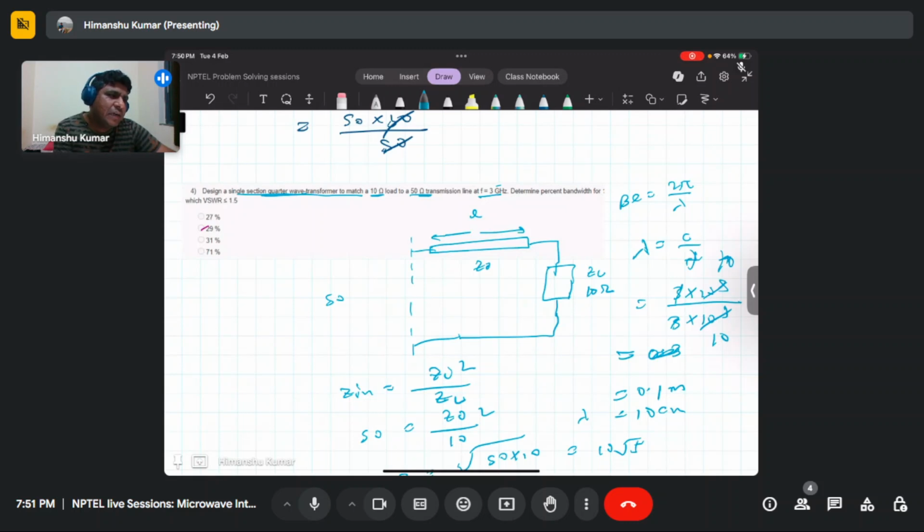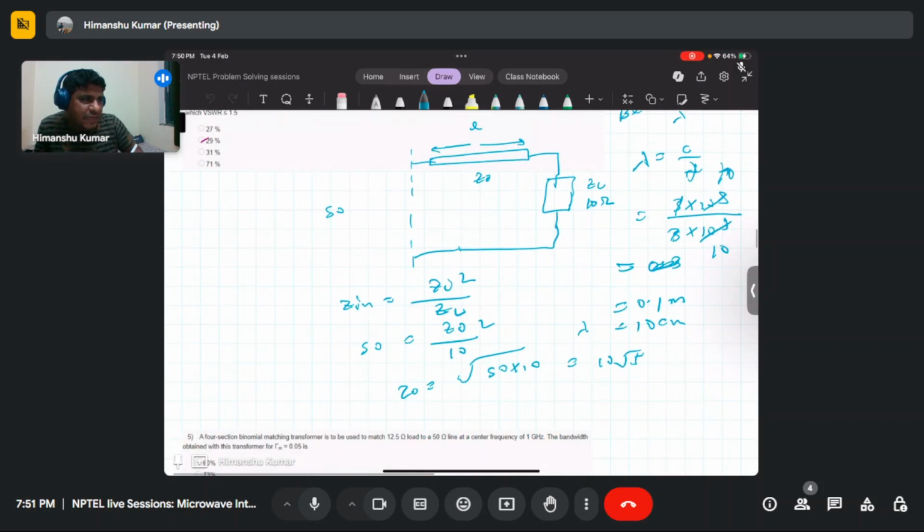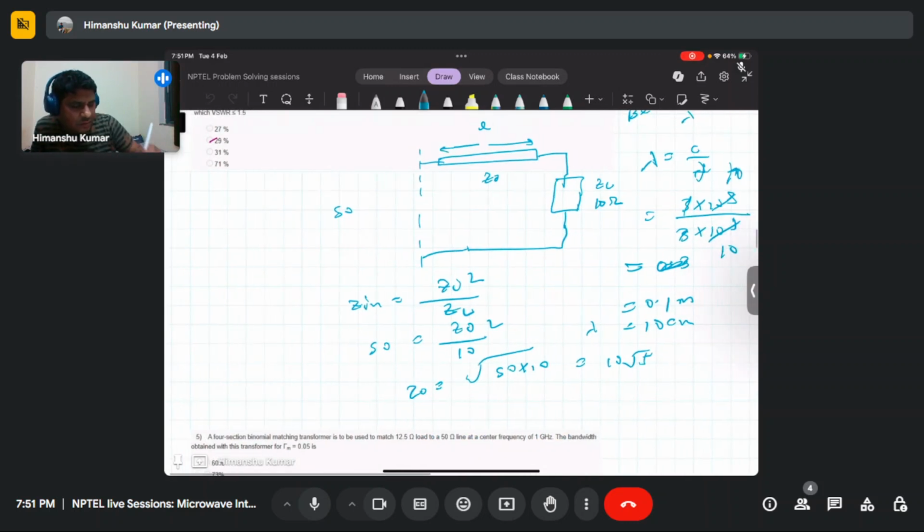So you can calculate the bandwidth by this equation, the tolerance limit. For the single section transmission line, this is the gamma m.